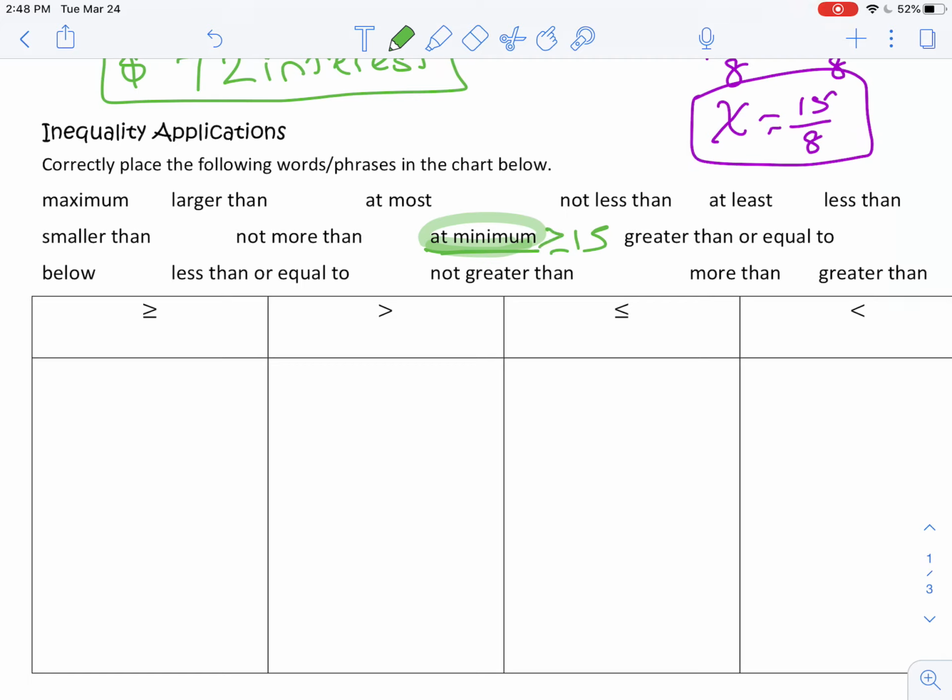If there's 14 people, you're not going to open the door. At a minimum of 15 people, you would be happy with 15, 16, 17, 18 people. So at a minimum goes here. I didn't spell that right. Look at it again. Fix it.